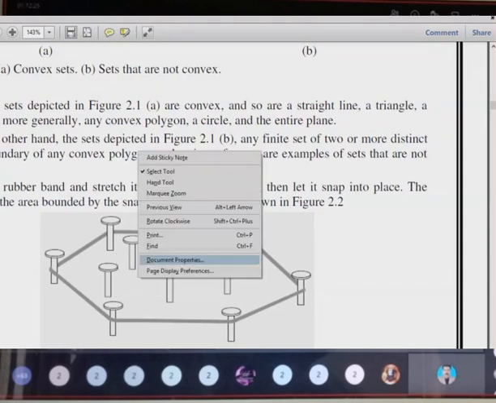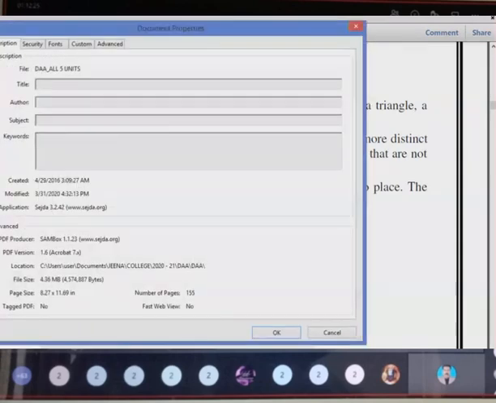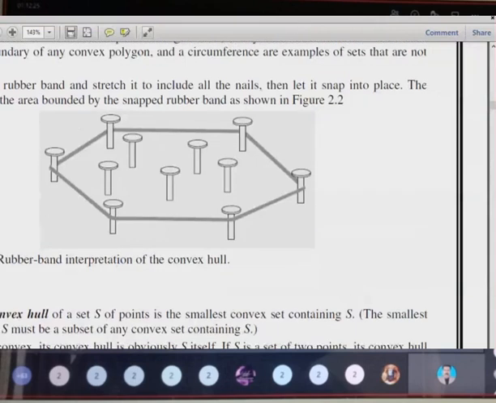Now this representation is called the rubber band interpretation of the convex set. The outline, the border points, are called endpoints or extreme points, right?